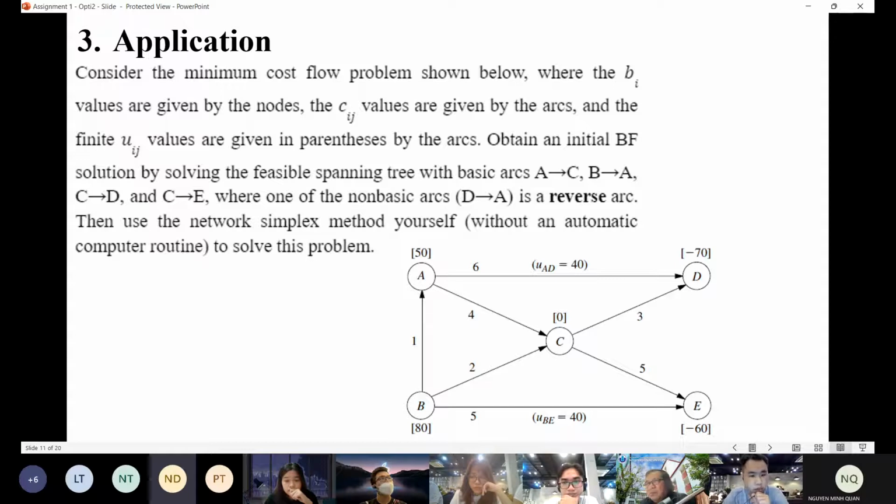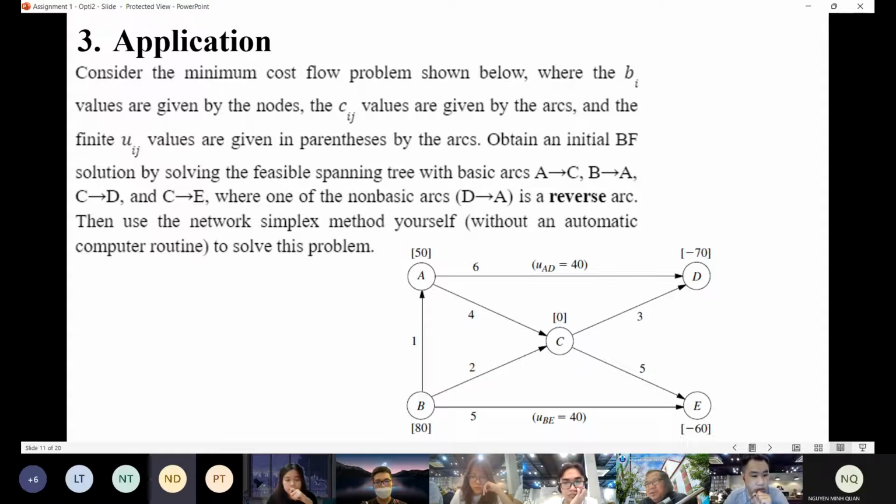Obtain the initial basic feasible solution by solving the feasible spanning tree with the basic arcs A to C, B to A, C to D, and C to E, where one of the non-basic arcs is D to A.